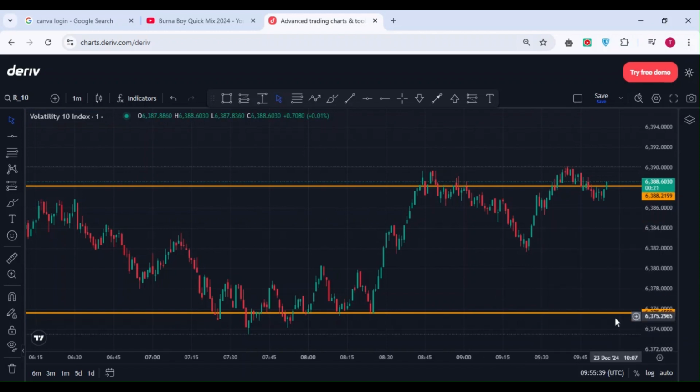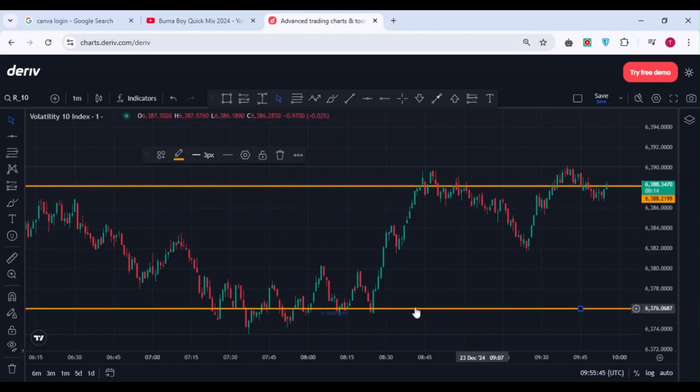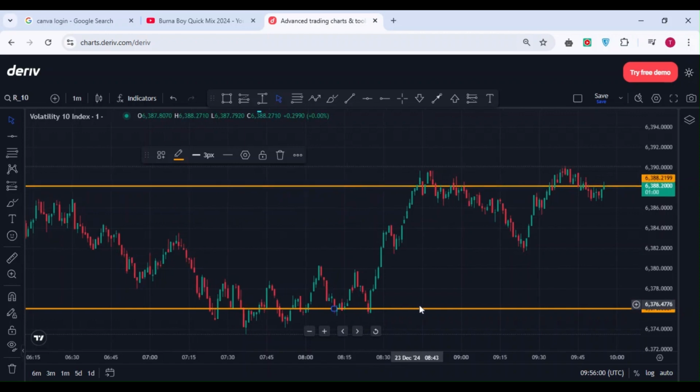At the market price here, what do you see? You can see along this point that the market has reacted, and the price has bounced off when the market reached this point. So this confirms that this is a strong support.